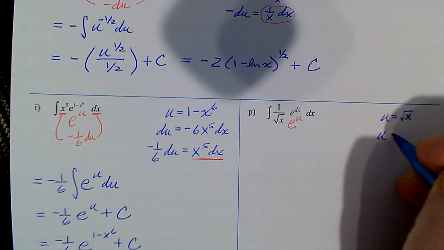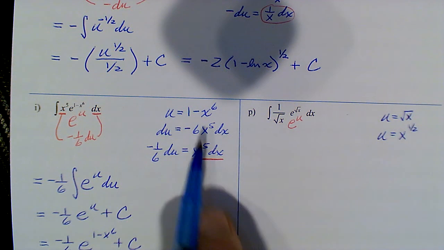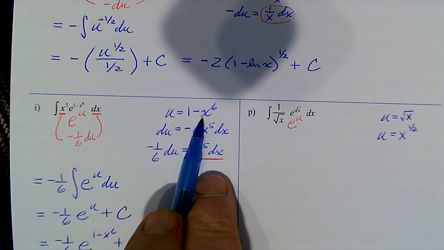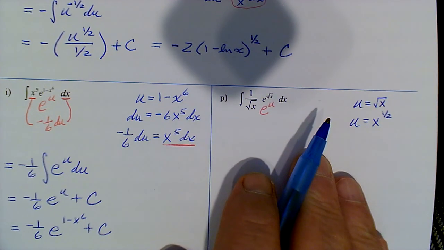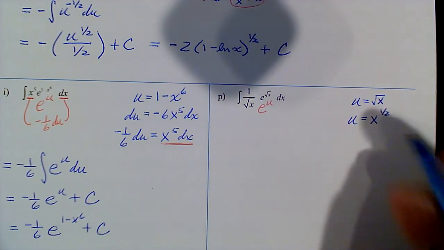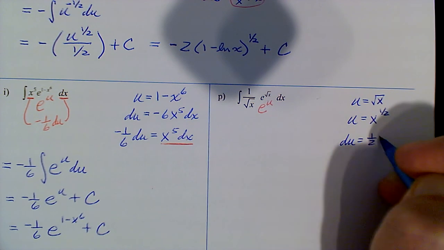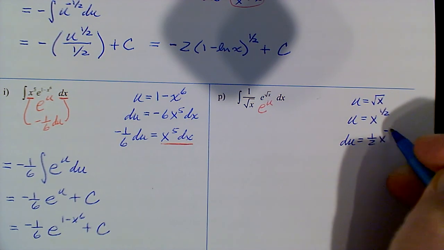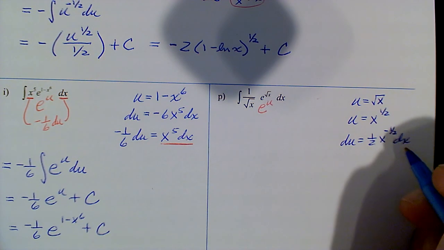But here we have to exercise a little bit more care in calculating our du. When u is a polynomial, like example I, differentiation should be straightforward. Here, just be more careful, right? First rewrite it as x to the 1/2. Then our du is 1/2 x power 1 less, negative 1/2, differential dx as well.